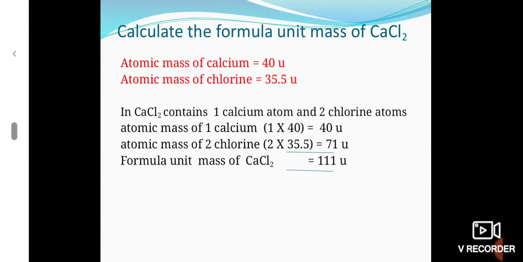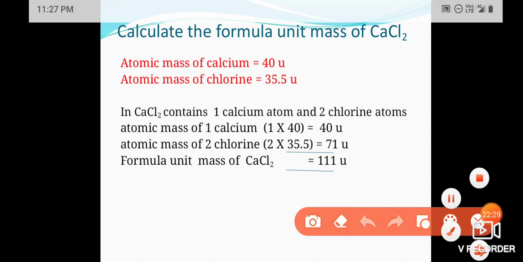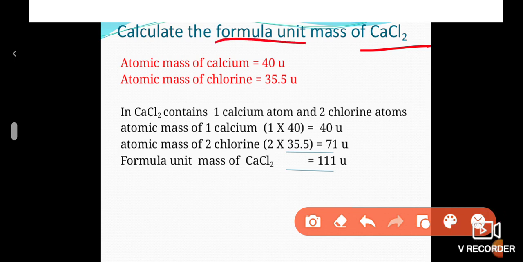Like that, calculate the formula unit mass of CaCl2. This is also an ionic compound. So we use the word formula unit mass. Okay. The atomic mass for calcium is 40. The atomic mass of chlorine is 35.5 U. Okay.